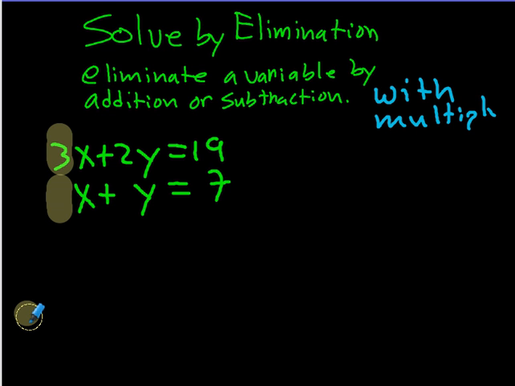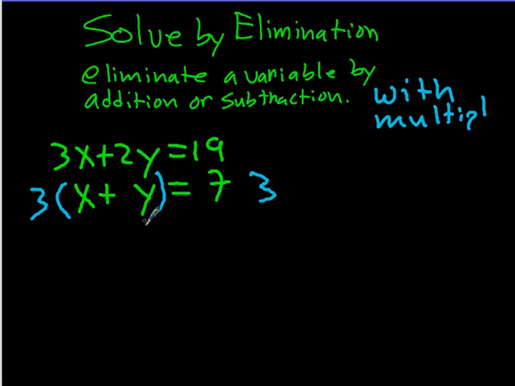So I could multiply the bottom equation by 3, so that I get 3x plus 3y, and I get my x's matching. Or I could multiply the bottom equation by 2. Really doesn't matter. Let's go ahead with that.